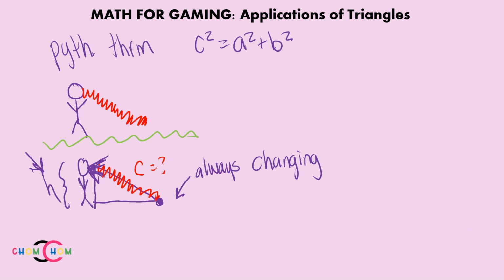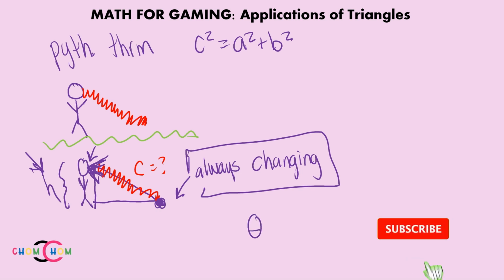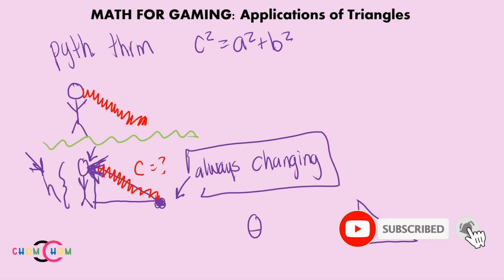So instead of always looking for this endpoint, which is not easy, we can say, okay, I want to get this random angle theta that this player is looking at. Now where do we go from here? Right now we have theta and we have h, height. Those are the two things that we have.